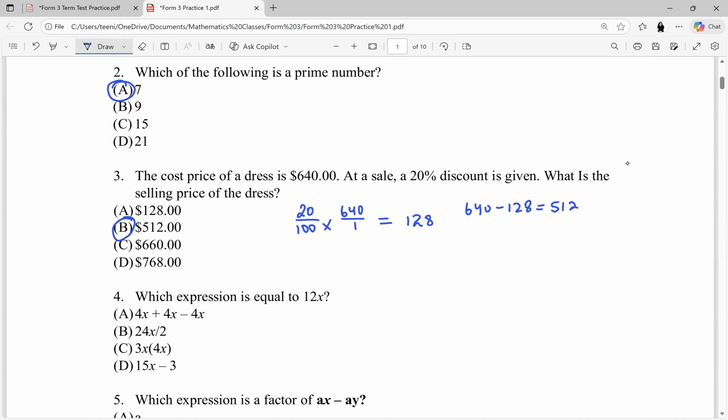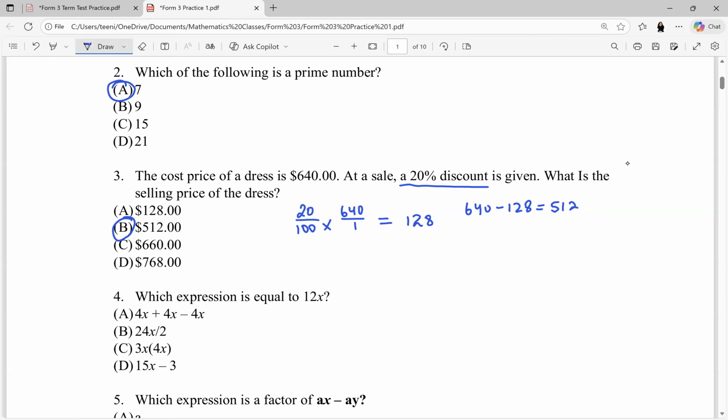Another way to do it, guys, is if the discount is 20%, then that means the selling price would be 80% of the original cost, right? So if you get a discount, then the selling price will be the percentage of the original price, 100 minus that discount.